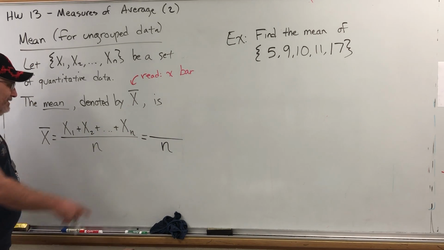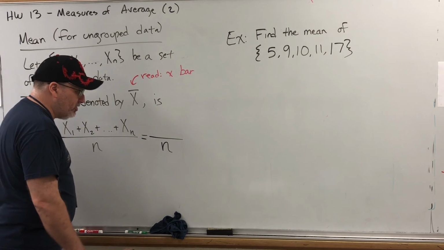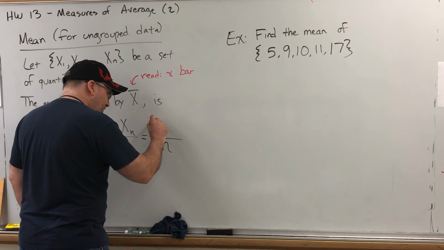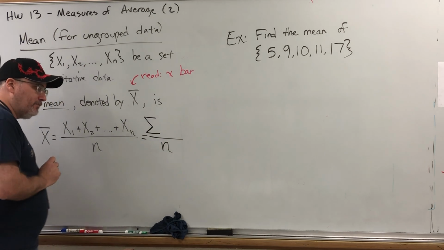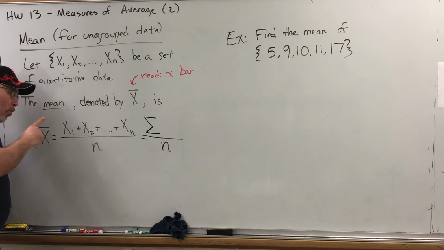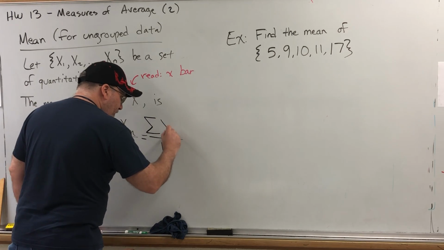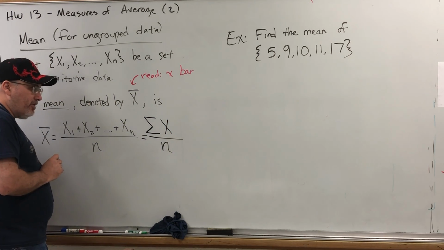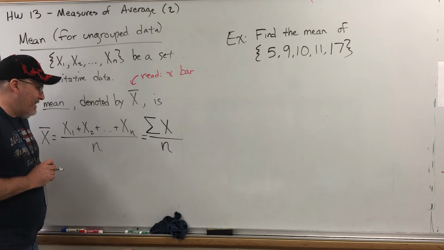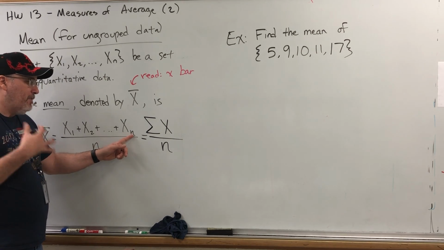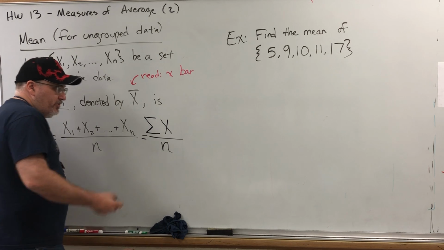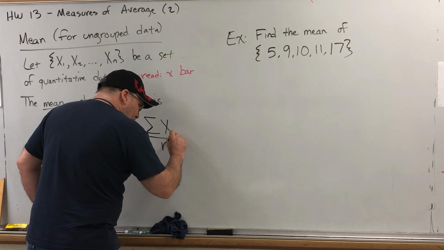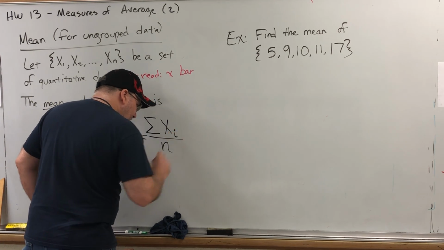One way to write this more compactly is to use a capital Greek letter sigma, which looks like that, and write one of these terms with a generic subscript. Now I can't use n because that already has a meaning in this context. It means how many numbers we're adding.